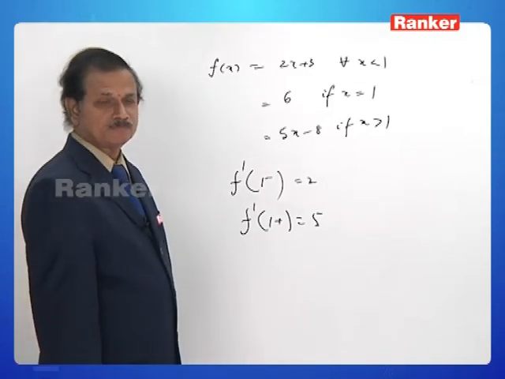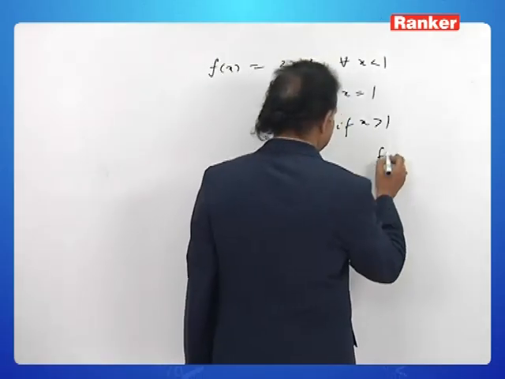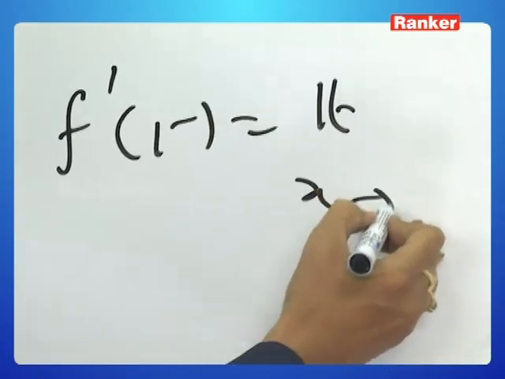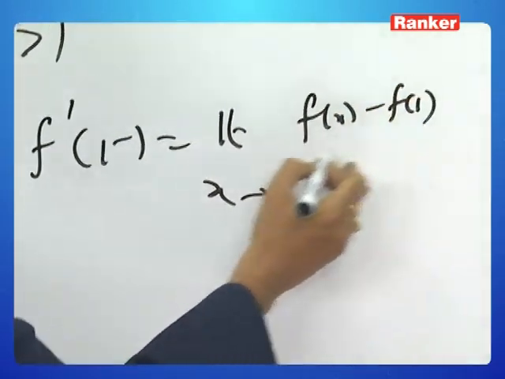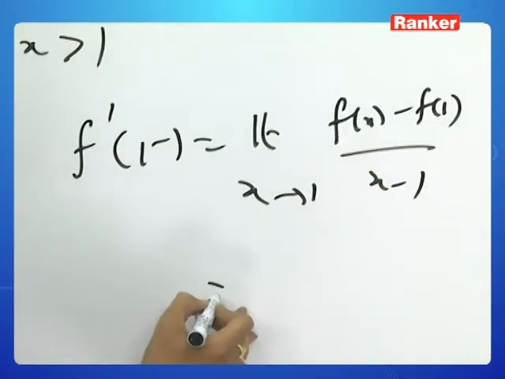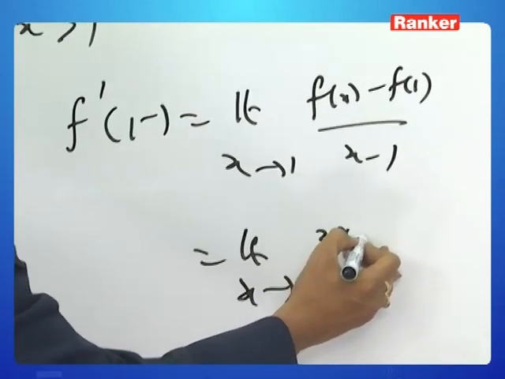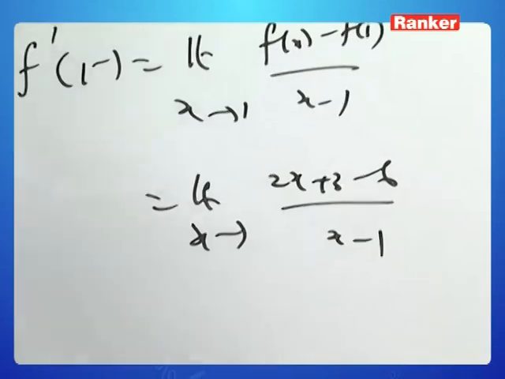Do you want the proof? It's not impossible. We can do it. F dash 1 from left is limit as x tends to 1 from left of f of x minus f of 1 by x minus 1. What is f of x? 2x plus 3. F of 1 is 6, by x minus 1.